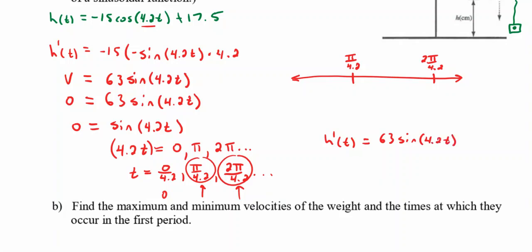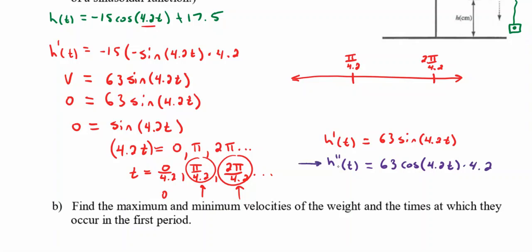Okay, so now let's take the second derivative. The second derivative, h double prime of t, is 63, and then the derivative of sine is cos, so cos 4.2t, and then times the derivative of the inside, so times 4.2. All right, so let's think about what we just found.